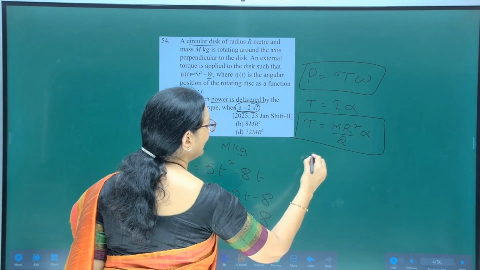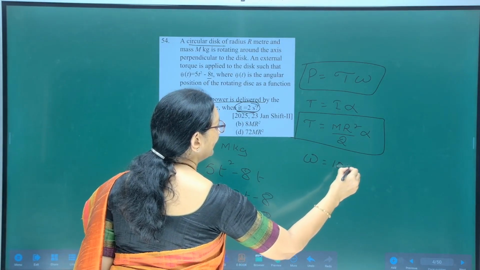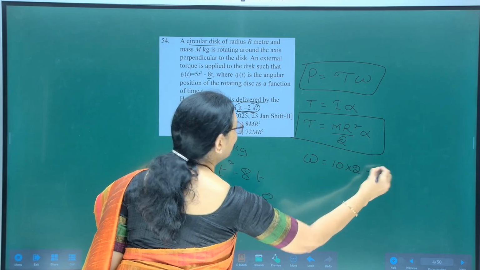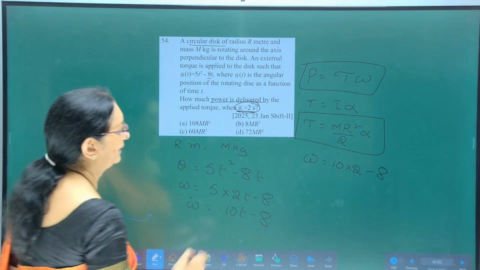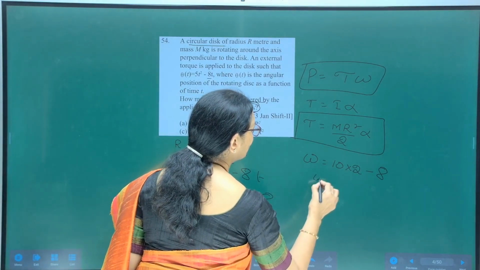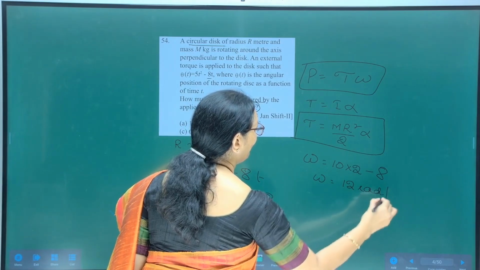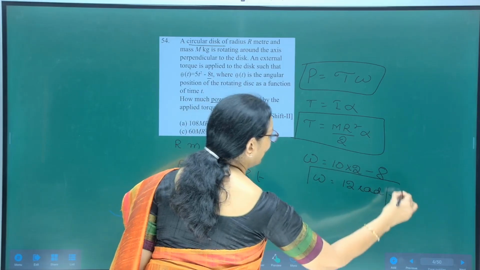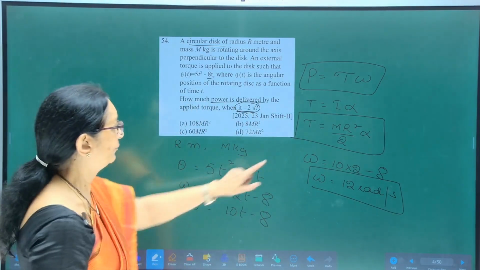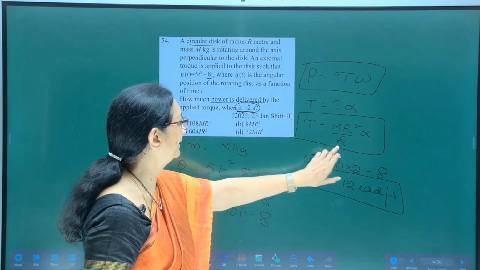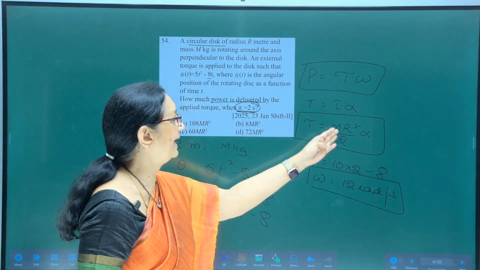So omega is equal to 10 times 2 minus 8, which is 20 minus 8, so omega is equal to 12 radian per second. Keep it aside. Here we know m and we know r, because they are given.